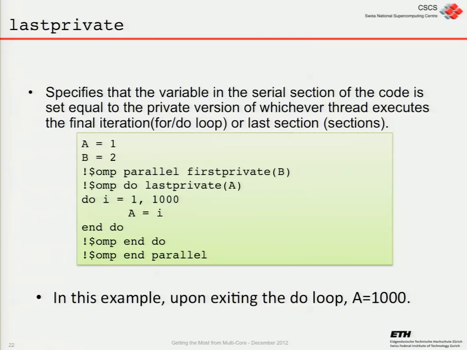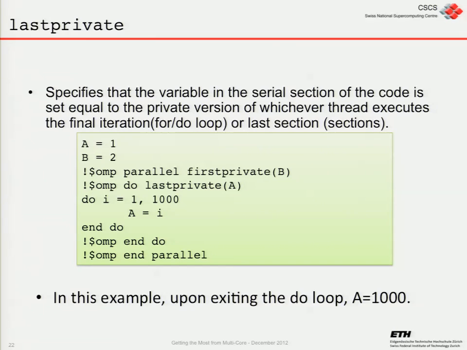What I mean by sort of the opposite is, with firstprivate, it's fine. We take what was there before and give it to everyone. But when you close down, you want to say, right, I want a value to be given based on what we've just calculated in the parallel region. I want a value to be given outside of the parallel region to a variable. Well, we've got multiple threads, and they could all have completely different values of this variable.